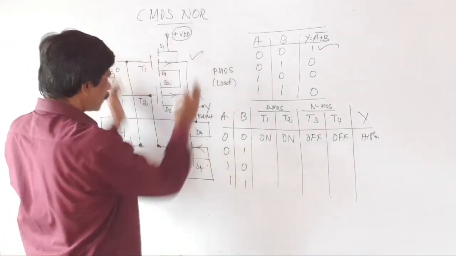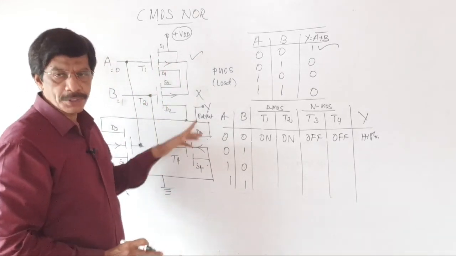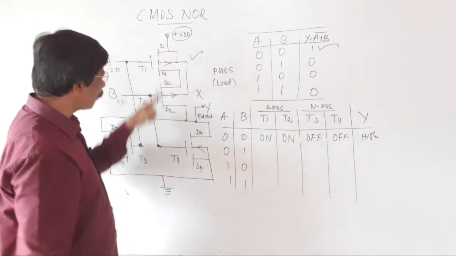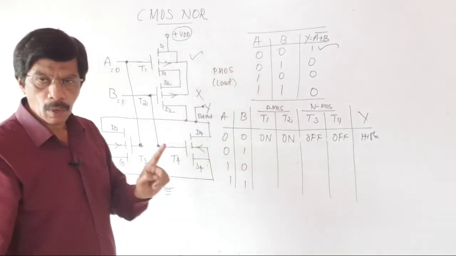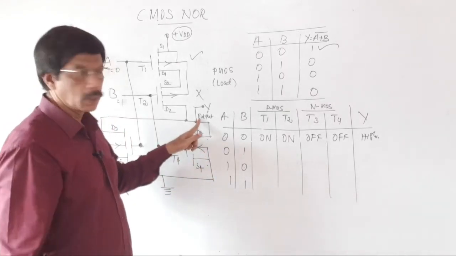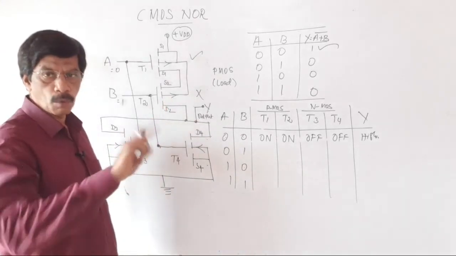So in this construction, if any one transistor is open circuit, definitely the output is equal to 0. In this combination, if any one transistor is open circuit, the output is 0. So in this case, this lower transistor is acting as an open circuit.